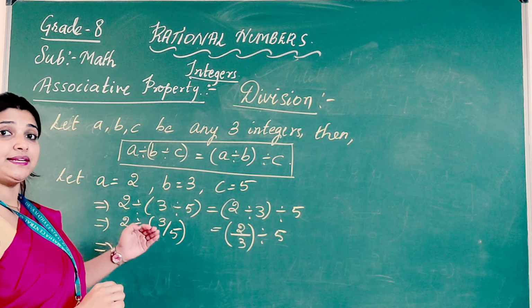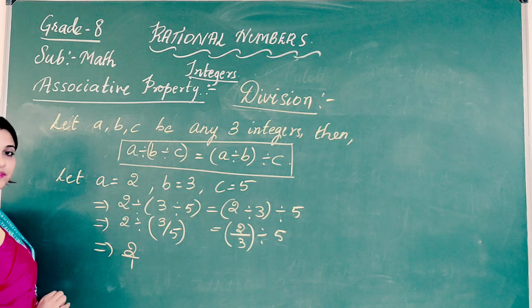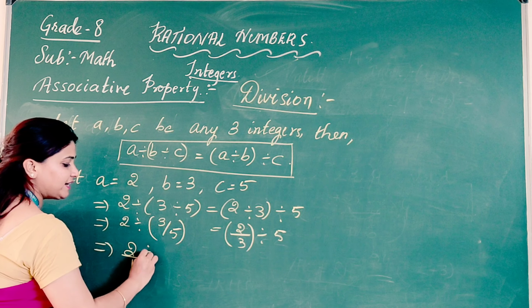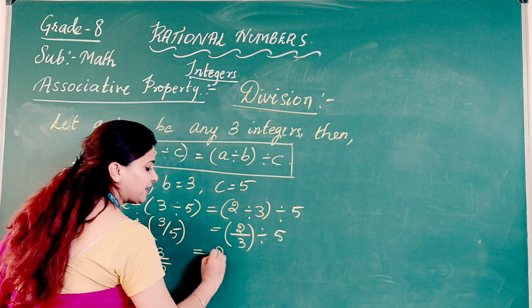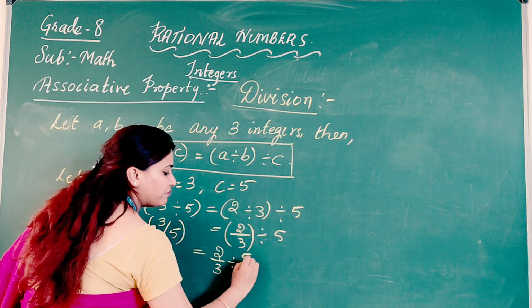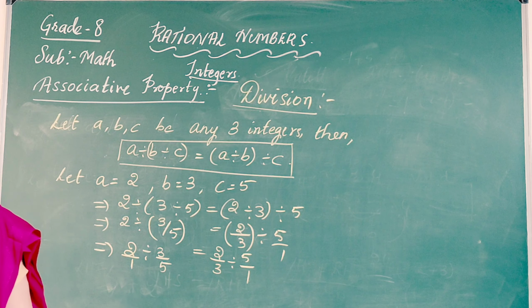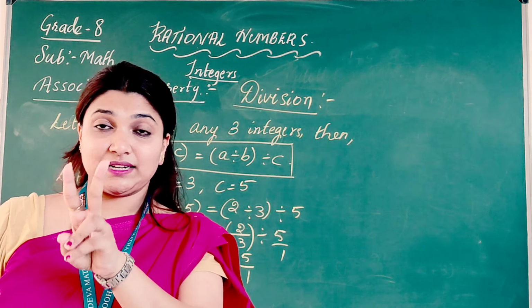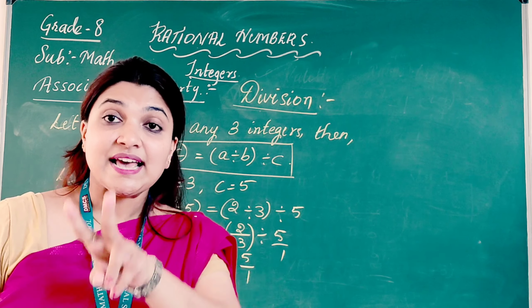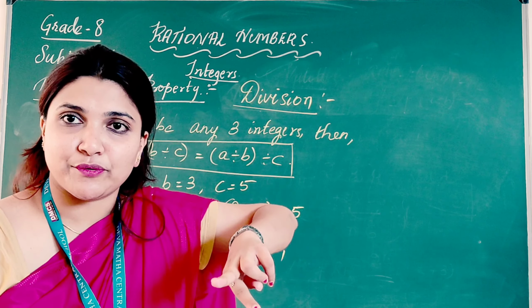Now, what I will do? 2 is nothing but 2 by 1. When I divide this by 3 by 5, it is 2 by 1 divided by 3 by 5. If nothing is there in my denominator, it is always assumed to be 1. Now, when I have to divide any two fractions or rational numbers, the second fraction will become its reciprocal.